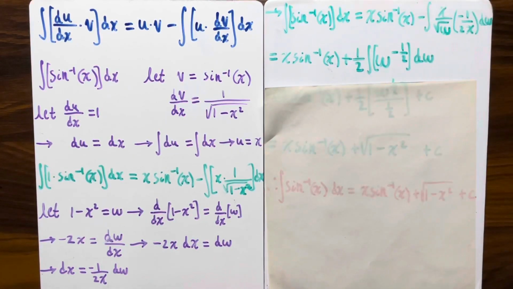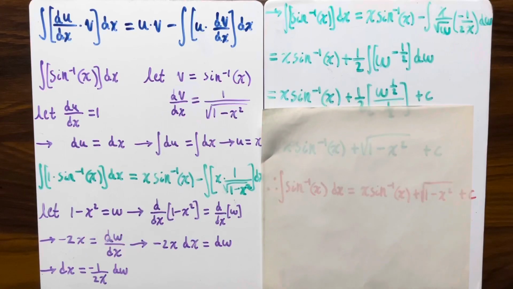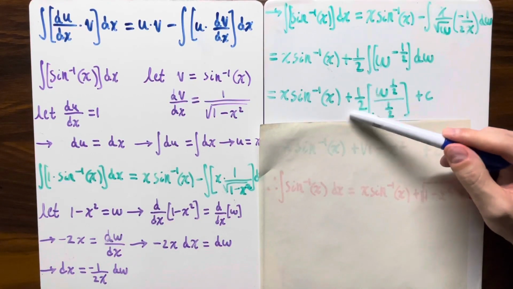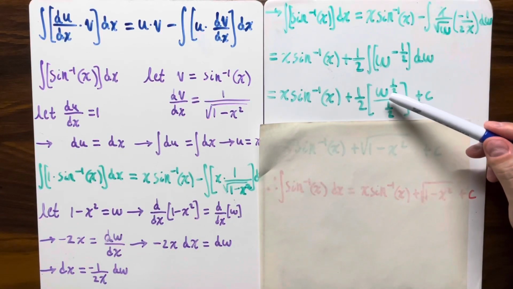Negative and negative turns positive, and we get left off with this. Of course, we can rewrite 1 over the square root of w as w to the negative 1/2 power, using exponent laws, which we've shown in another video. So we see here that the 1/2 and the 1/2 cancel, and we get left off with this.